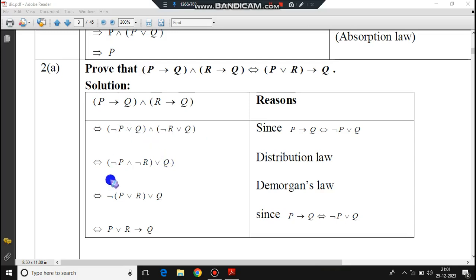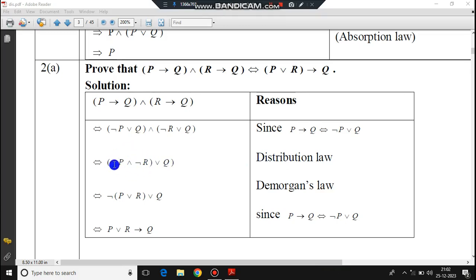Now negation P is here and negation R is here. So this big expression is exactly equal to this expression. Okay, if you expand this, you will get this, or if you shorten this, you will get this by using distribution law. Now from this, look at the first bracket, negation P and negation R.